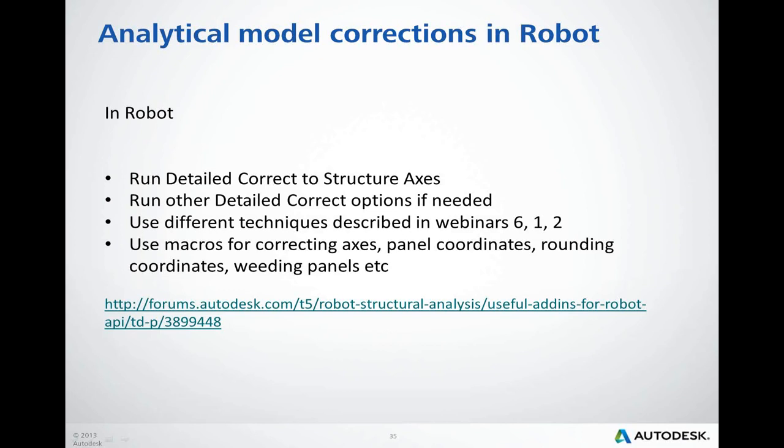So there were webinars about panel meshing, and different tips and tricks in Robot. Also, there are lots of macros for correcting axes, for example, panel coordinates, rounding coordinates, welding panels. These macros are available on our forum under this link.